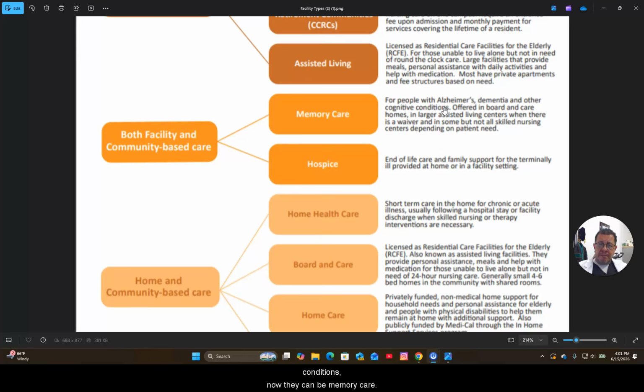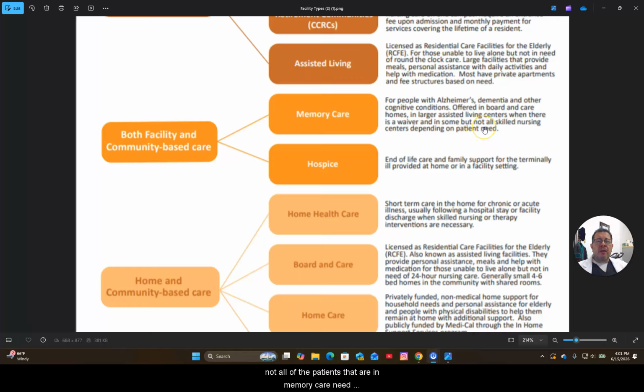The reason why they categorize this way is because memory care can be a wing in assisted living, in a boarding care, which we'll go over in a little bit, even in skilled nursing facilities.